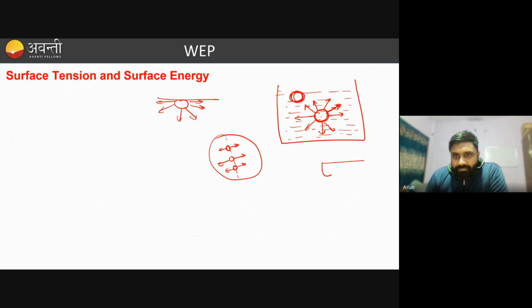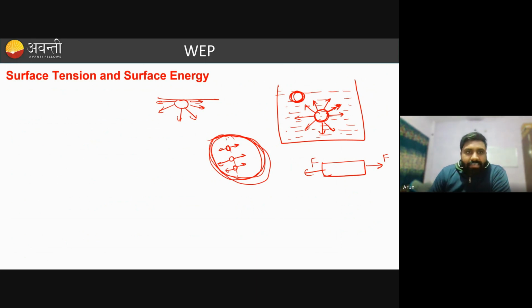We know that stretching is possible when we apply force in equal and opposite directions. The same thing is happening here. Due to these unbalanced forces, this liquid film or surface will be in a stretched condition.